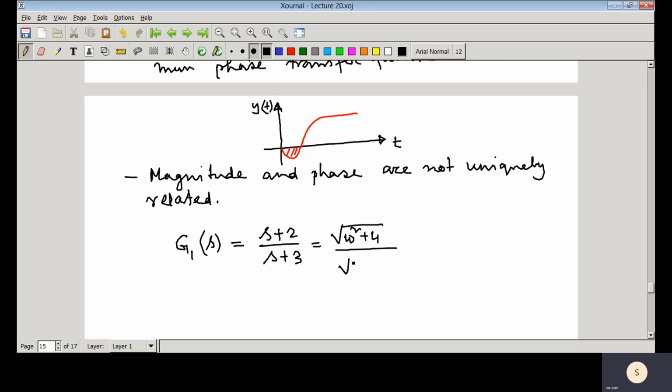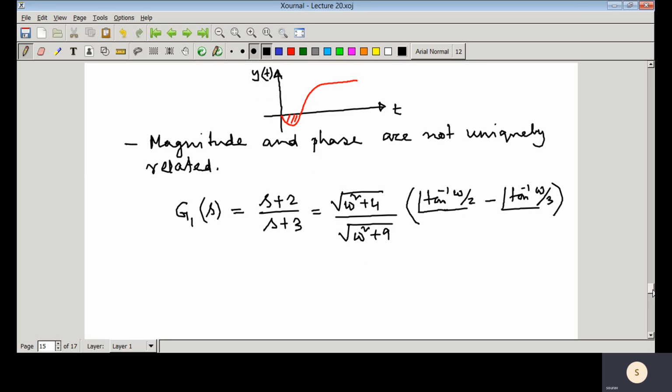That means if you replace s equal to j omega, you would get this magnitude. And what would be the angle? So that is tan inverse of omega by 2 minus tan inverse of omega by 3. So this is that angle.